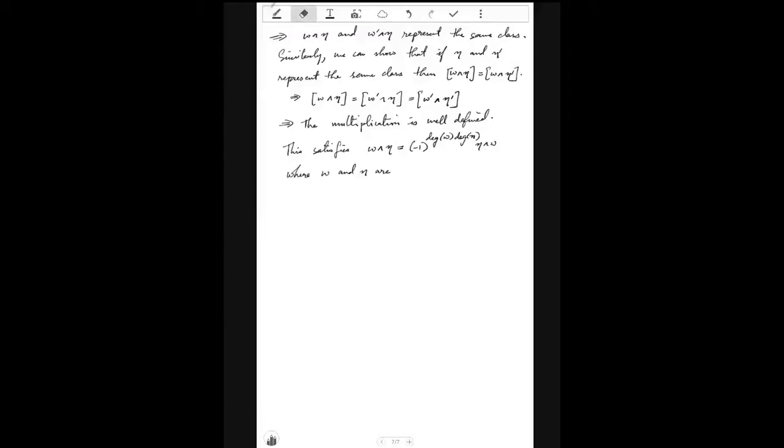So I can write (-1)^(ij) eta wedge omega.